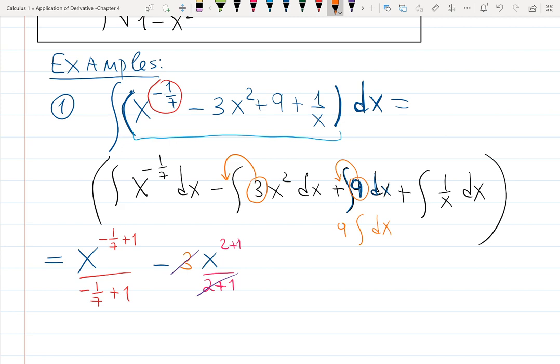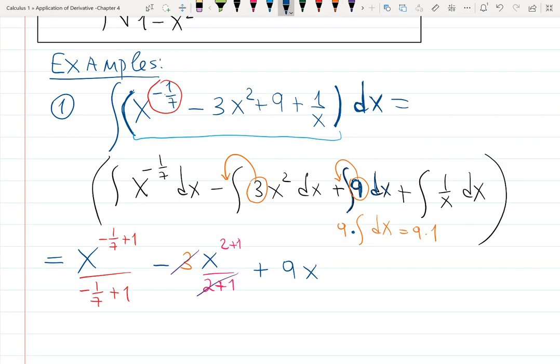Well, 9x gave you that. That's why you will have plus 9x. Check in your mind: the derivative of 9x indeed is 9. Or it's 9 times the integral of dx, and the integral of dx is x plus c.